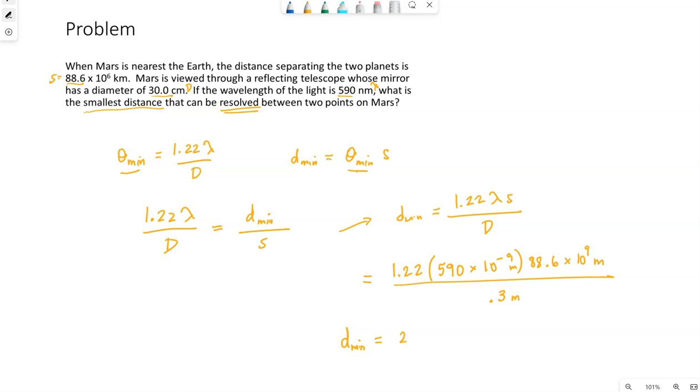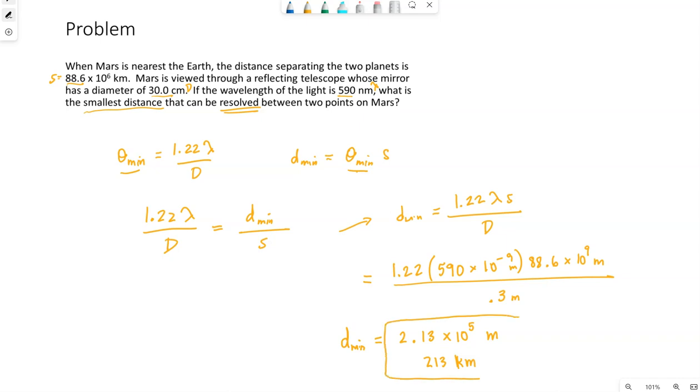So 2.13 times 10 to the 5th meters, or 213 kilometers.